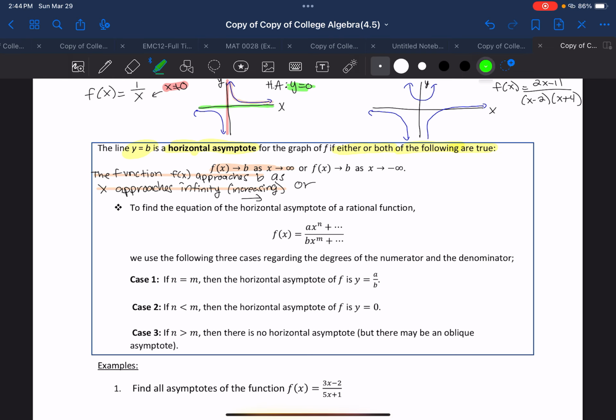And then the other one, this other case here, says that the function f of x approaches the y value b, or some y value b, as x approaches negative infinity.